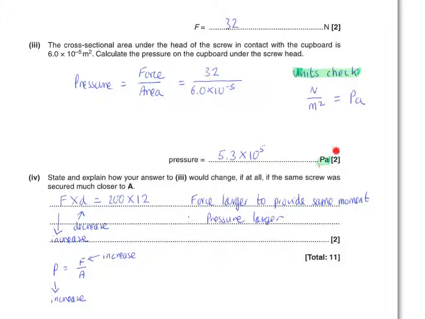Here you're given the units required in the answer, pascals. Pascals are equivalent to newtons per metre squared, so you have to check that this area was in fact given in metres squared and the force in newtons. If it wasn't, you would have to deal with a conversion first.